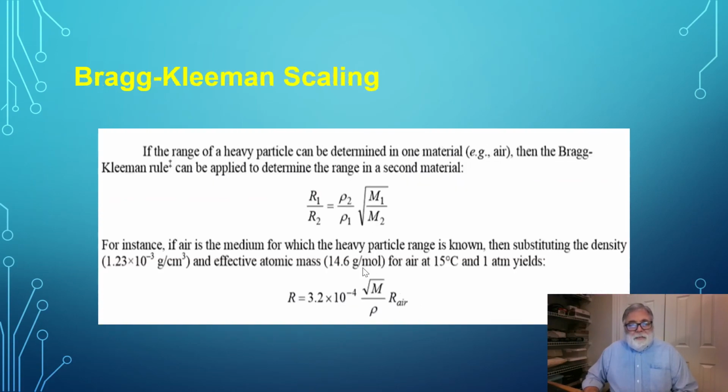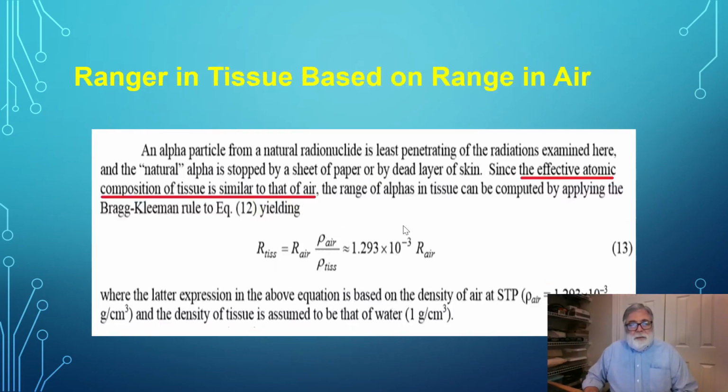And so because the mass numbers are the same, that becomes a 1. And so this is the equation that relates the range in tissue to the range in air. These are expressed, I think, in areal density, grams per square centimeter.